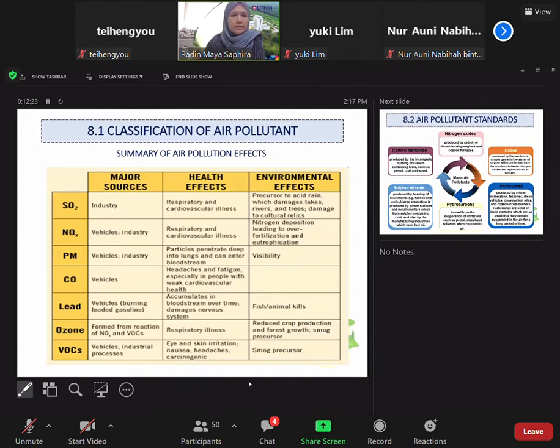These are the major sources of pollutants, mostly industry. They contribute to high levels of SO2. To recognize SO2 is very easy: you can find the white smoke from their stack.